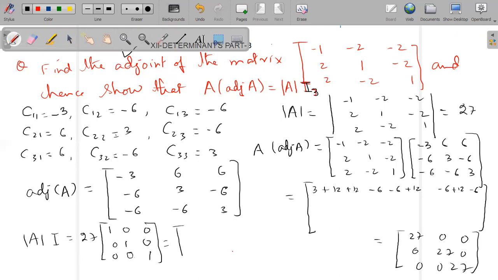Multiply 27 inside, and you get 27, 0, 0; 0, 27, 0; and 0, 0, 27. Therefore, we got the result A into adjoint A is equal to determinant A.